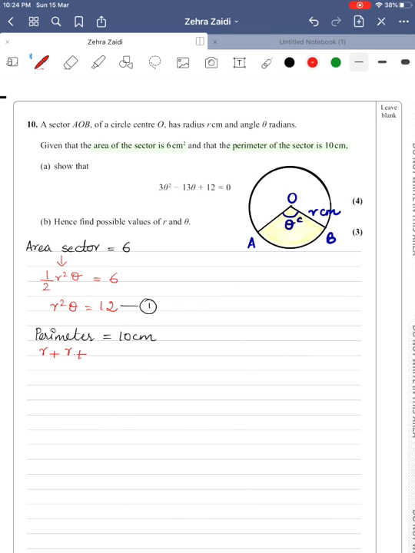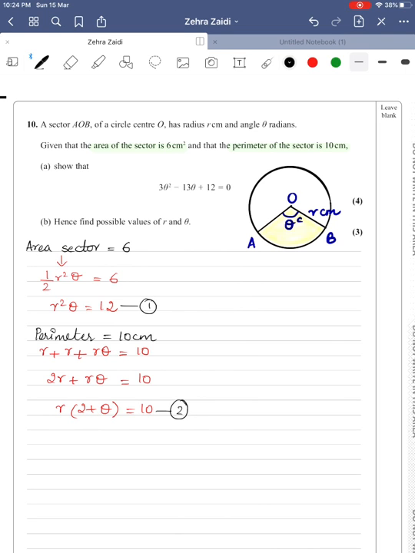Arc length formula is r theta. Therefore, we have 2r plus r theta is equal to 10. We can take r common out: 2 plus theta, into r, is equal to 10. So let's call this equation 2.